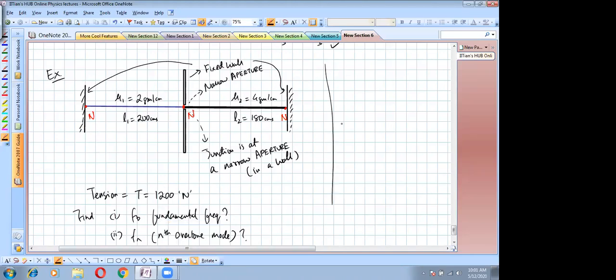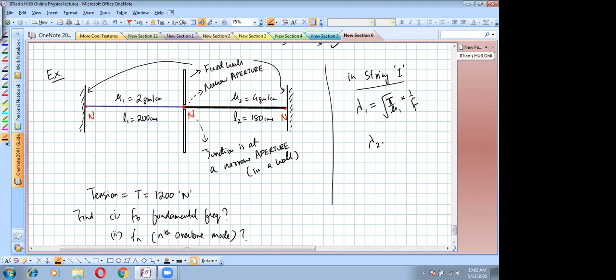So in string 1, your wavelength will be equal to square root of T by mu1, the common tension divided by mu1, into 1 upon frequency.